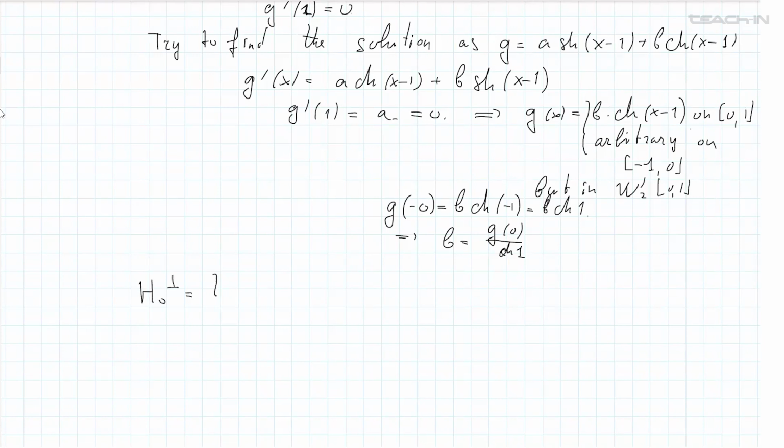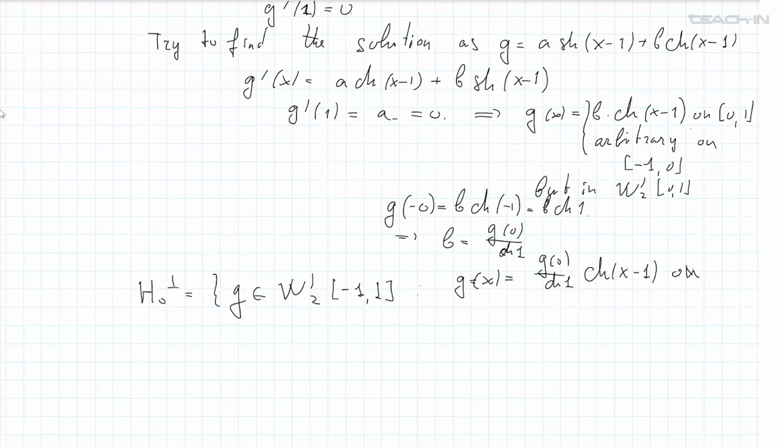It consists of such functions g from W^{1,2} that g of x equals g of 0 times hyperbolic cosine of x over hyperbolic cosine of 1 on 0, 1, and arbitrary on minus 1, 0, and they are continuous at 0.